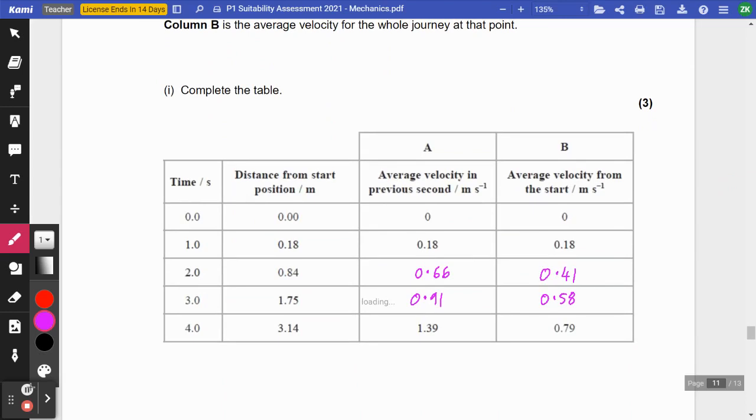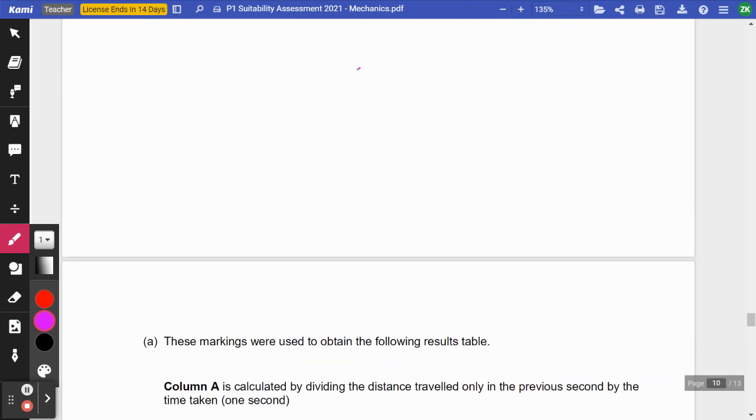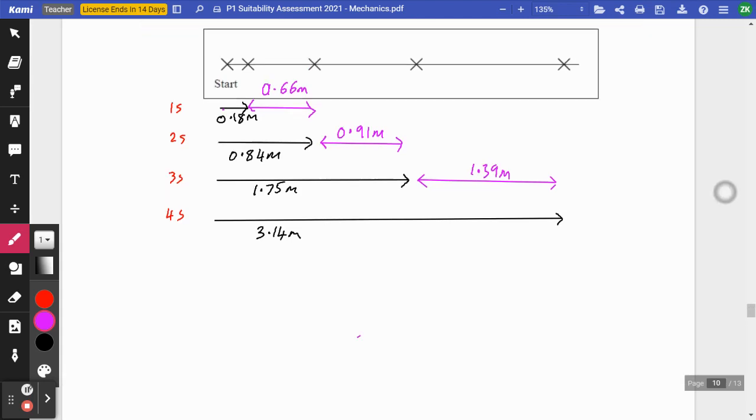These are the answers, but before we look at them, let's look at the time: 1 second, 2 seconds, 3 seconds, 4 seconds, because every point marked here is each second along.